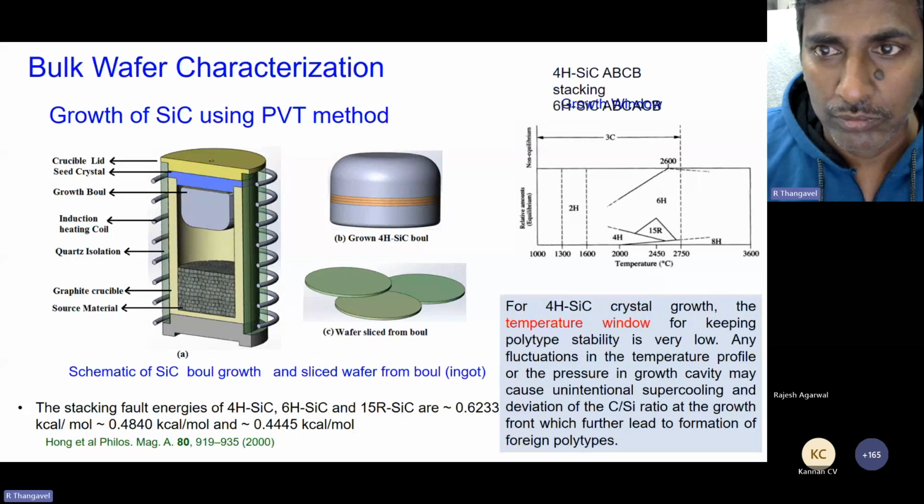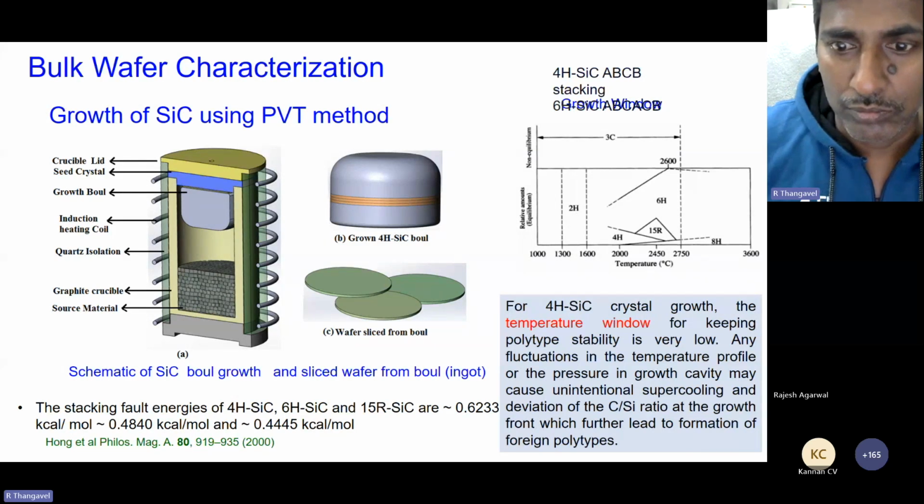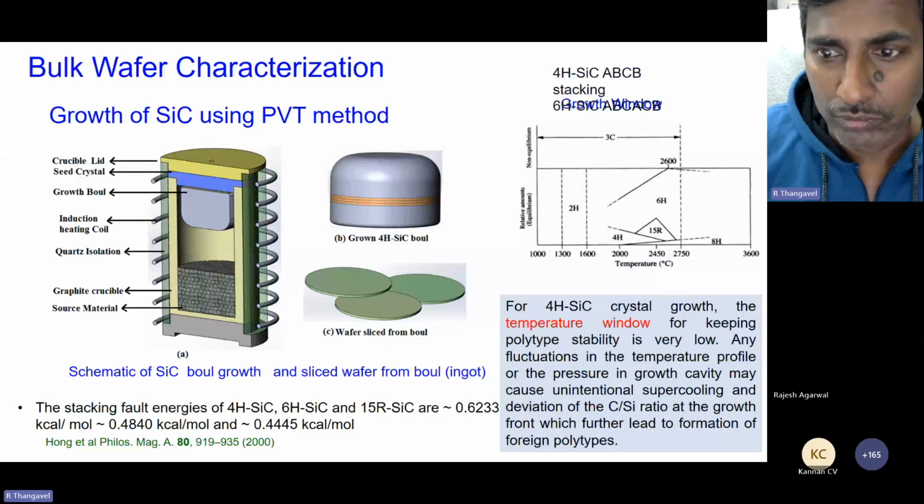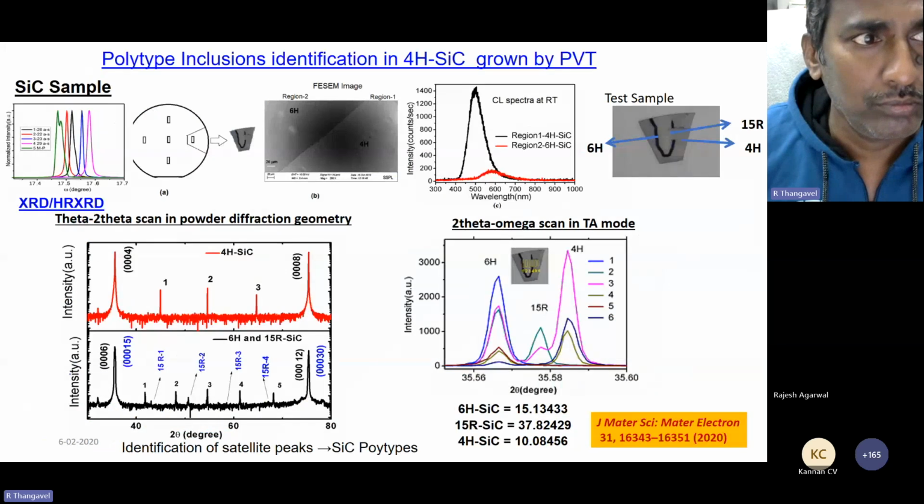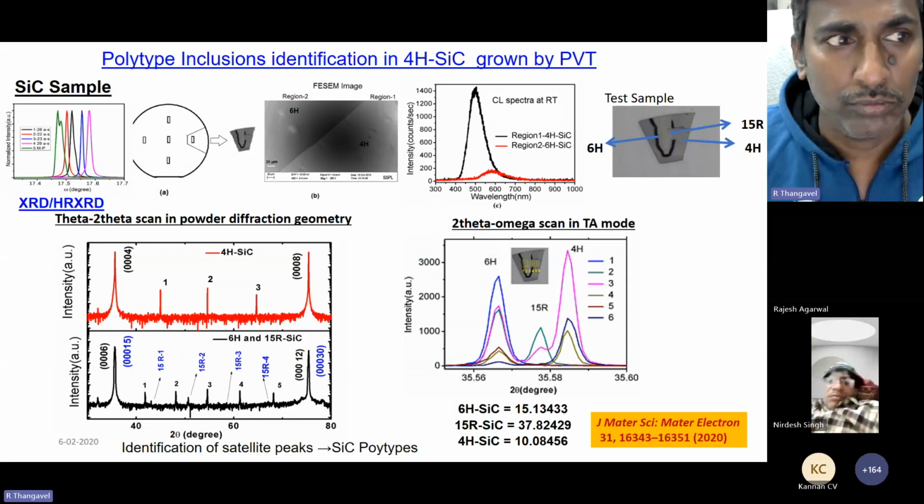Now, polytype inclusion: this is one of the examples I am explaining here. After growing the silicon carbide wafer, this is the wafer, and Raman measurements have been done at several places. We have identified whether it is 6H or 4H. Then X-ray diffractogram has been done.